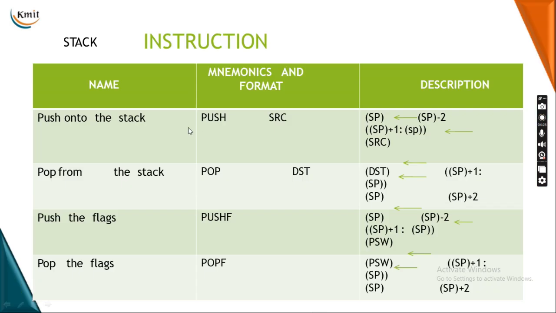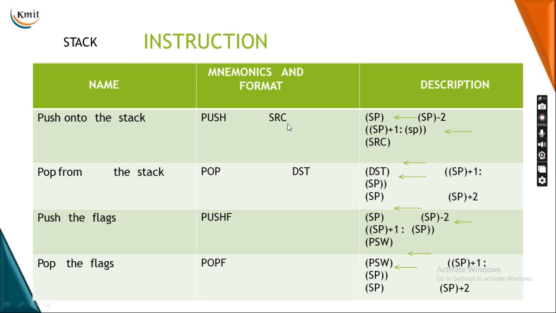Coming to the format, how you have to write it and what it does. First, we want to push onto the stack. The mnemonic and format is push with the source operand, for example push BX.